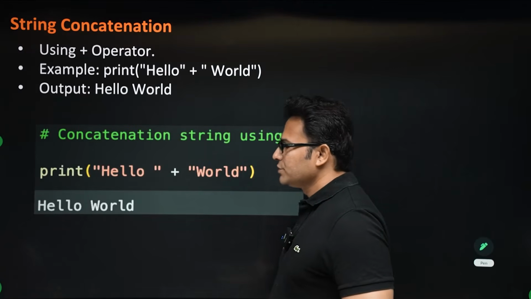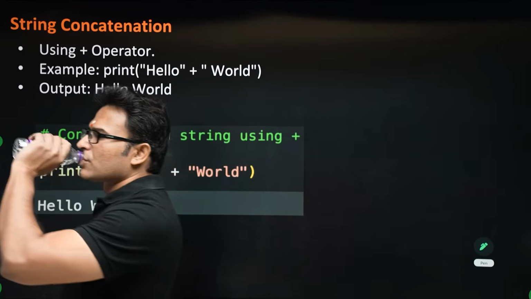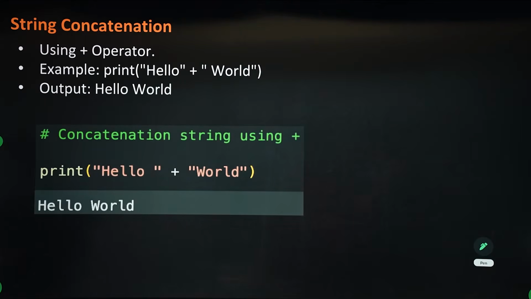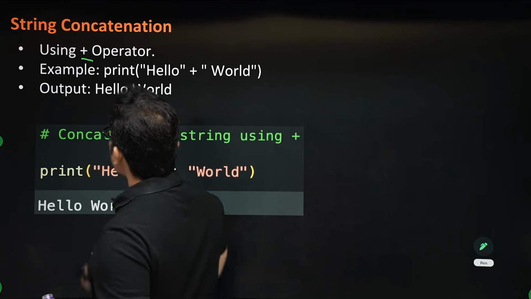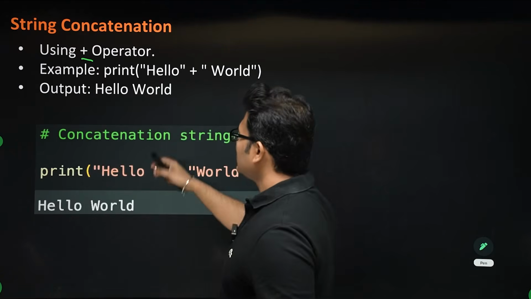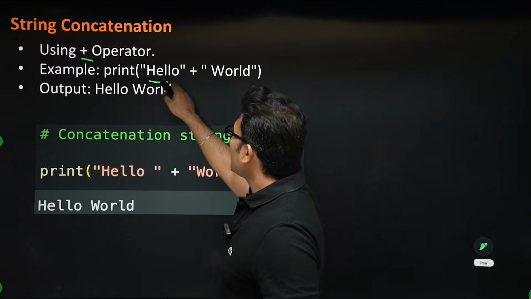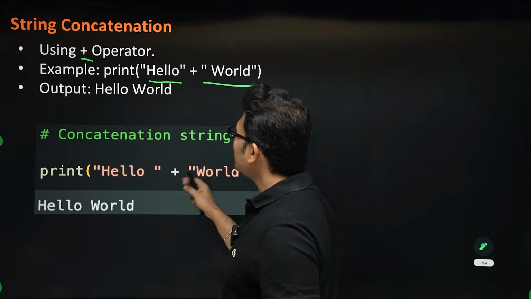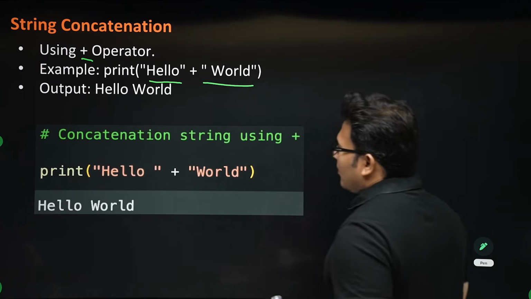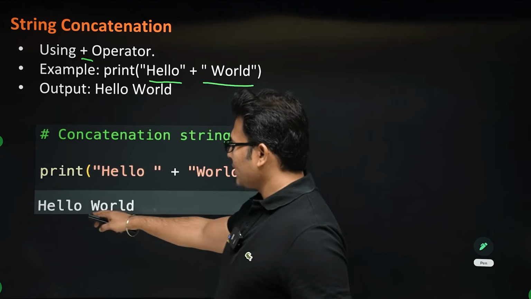Now, this is very important: strings and string concatenation. Strings and string concatenation are very important. So we use the plus operator to concatenate 2 strings. For example, I can write print hello plus world. Then they both will be concatenated. But it looks like they are not concatenated here.